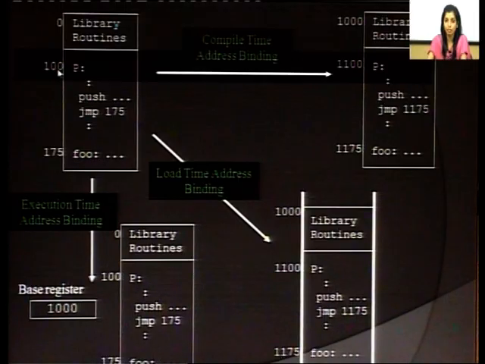Here it is 100, we add the base address 1000, then 100 plus 1000 is equal to 1100. This is the physical address. So in this way we are adding the base register value, and compile time and load time address binding are the same, but addresses are different at execution time.